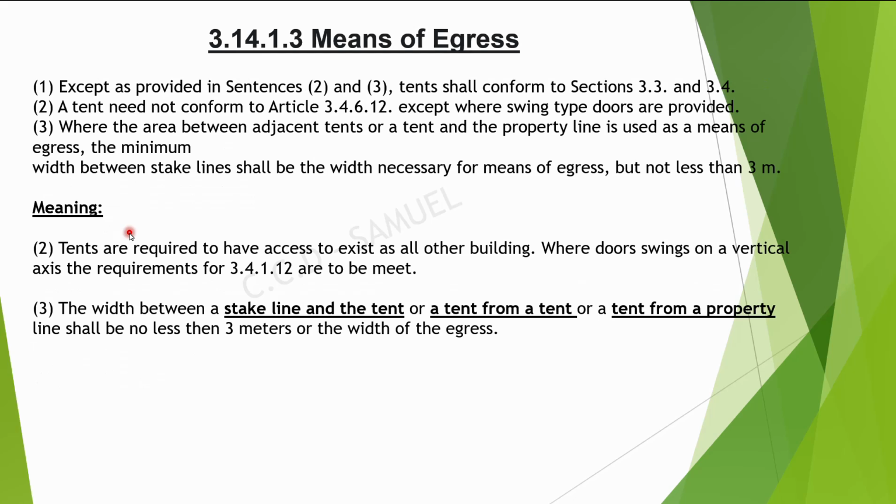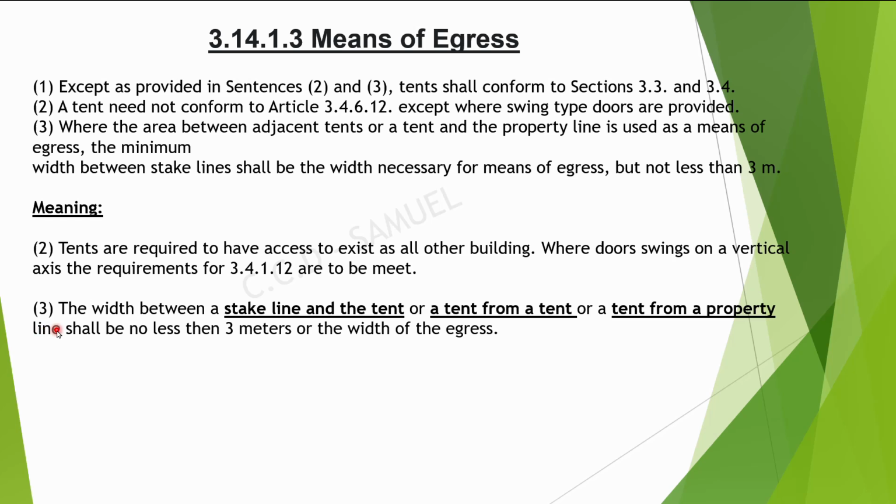Now means of egress. What do sentences 1, 2, and 3 mean? So in sentence 2, tents are required to have access to exit as all other buildings. Where doors swing on a vertical axis, the requirements of 3.4.1.12 are to be met.